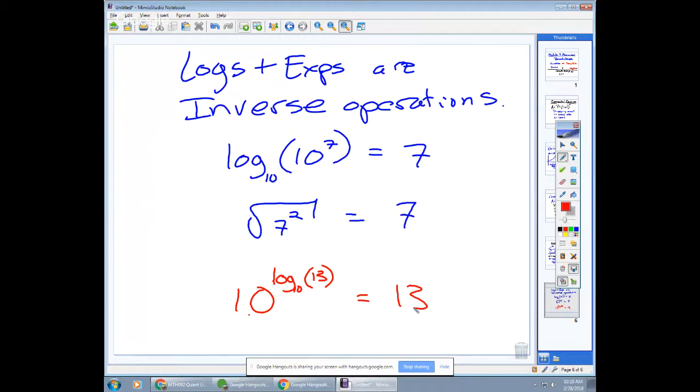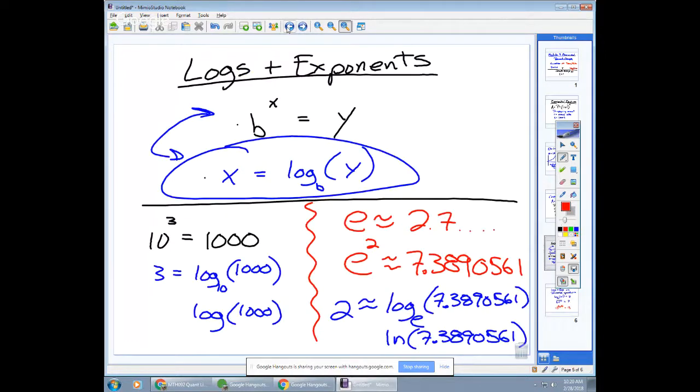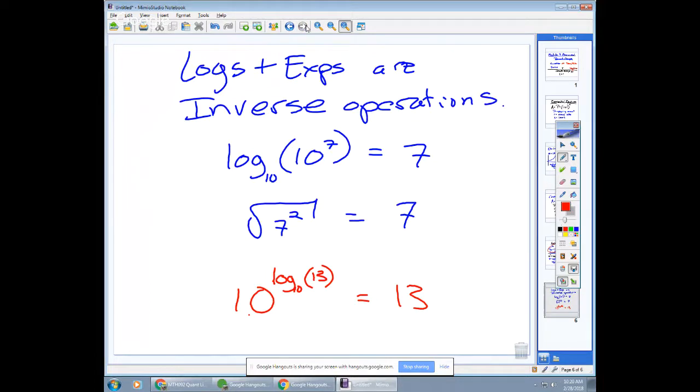I always thought this was a little weirder than that first rule about logs and exponents, but everyone's different. Maybe this part makes more sense to you than the previous page there. In my opinion, I think this idea for us is a little bit more important, but they're kind of 2 ways to say the same thing. In solving equations, that version right there was more important to us.